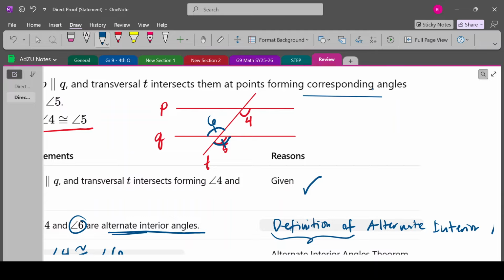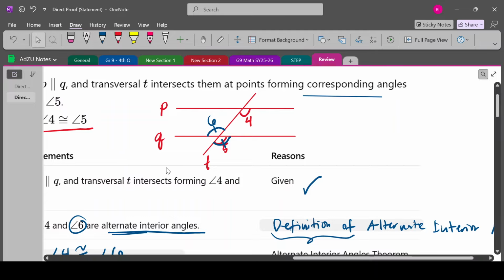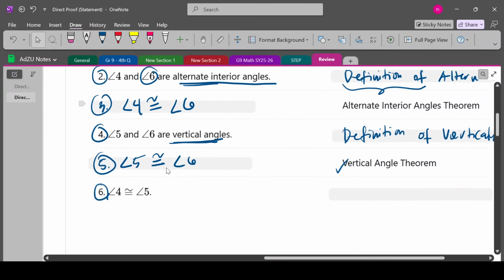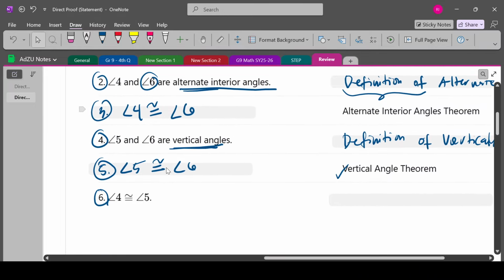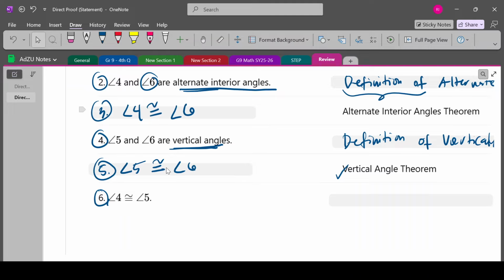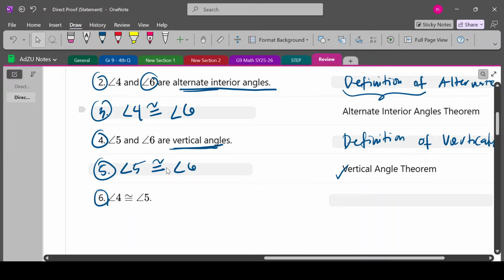And, ano natin nakuha? That angle 4 and angle 5 are congruent. Okay, because we used property called transitivity.